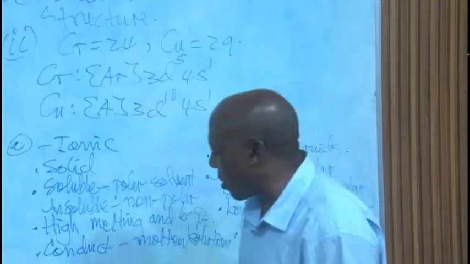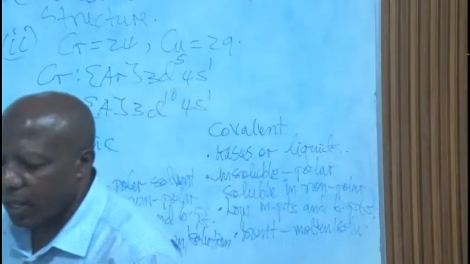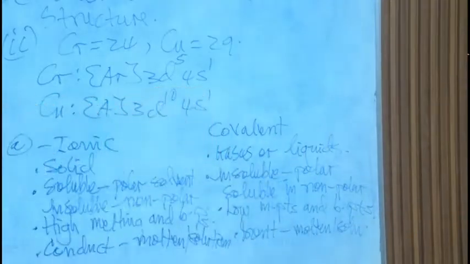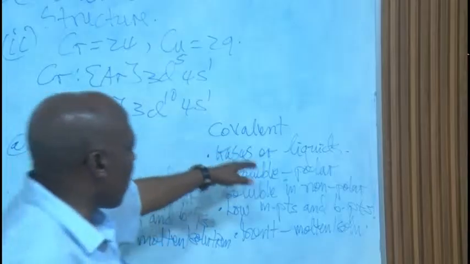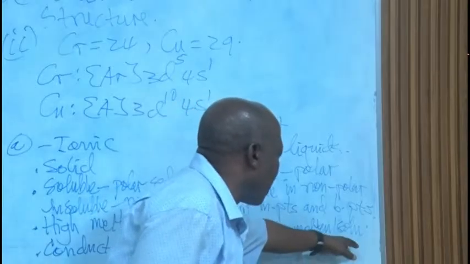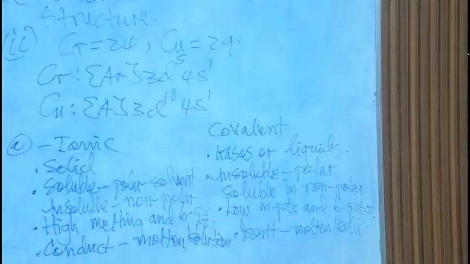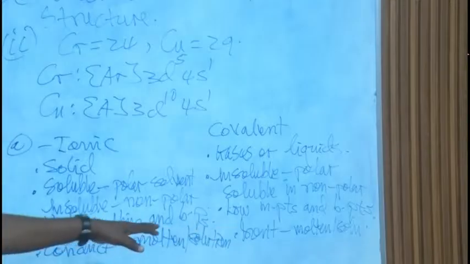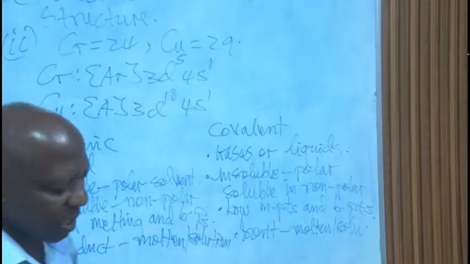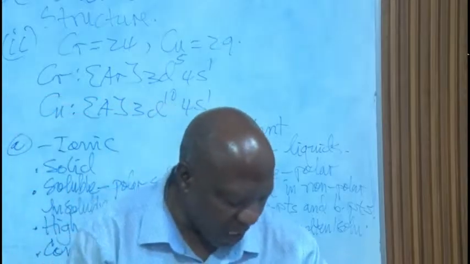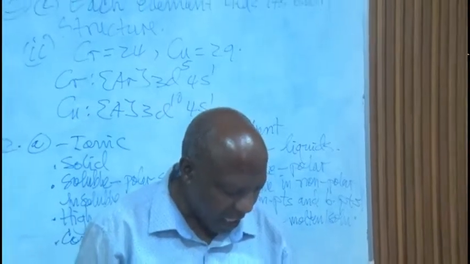Because ionic compounds, once they form solutions or are in molten form, form free ions which are responsible for the conduction of electricity, while covalent compounds, though they can dissolve or be in molten form, still don't have free ions which would be responsible for the conduction of electric current.